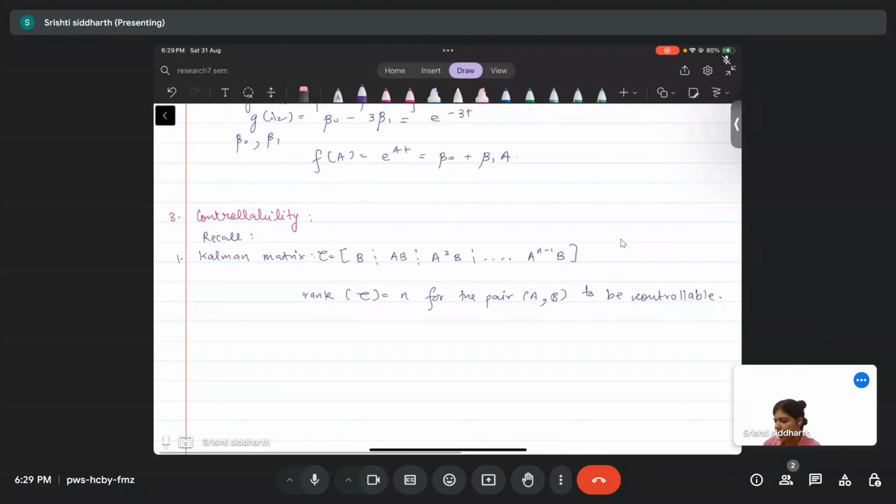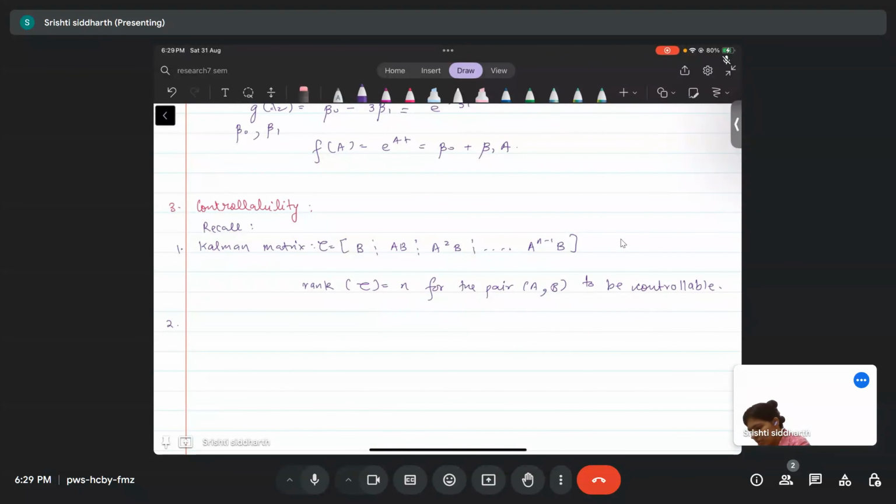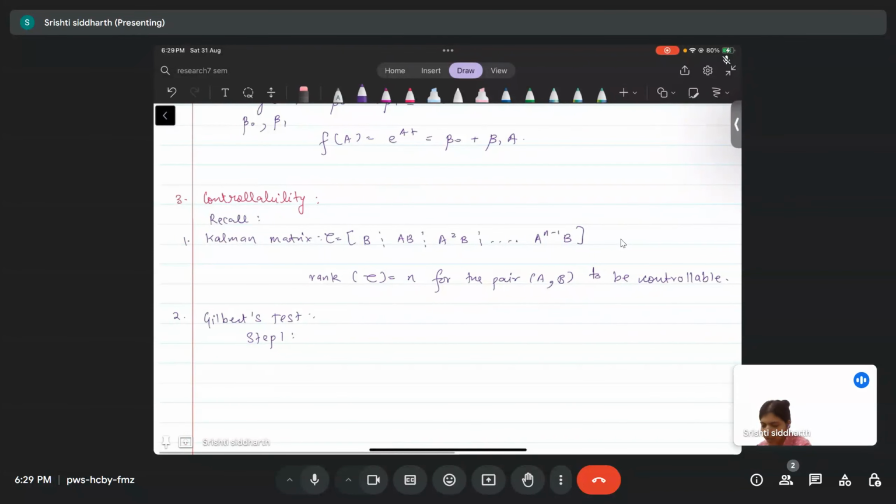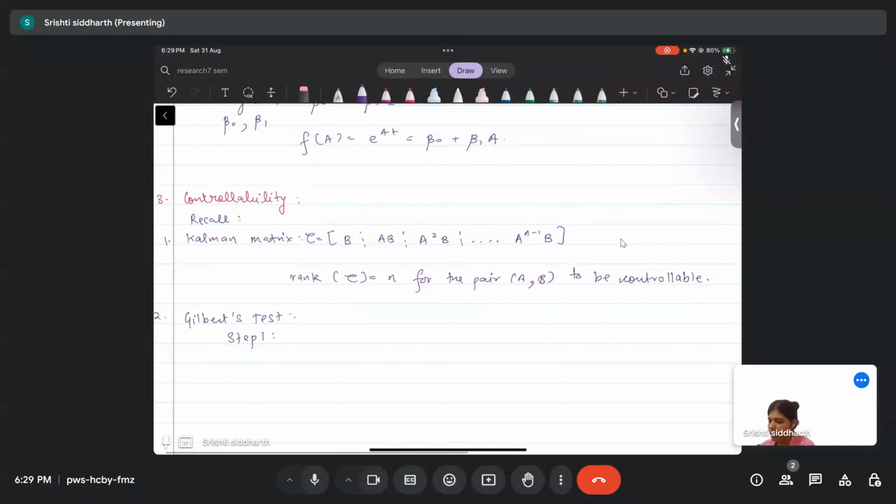Alright. And the next one was the Gilbert test. So according to that test, the first step was to diagonalize the system. So we had that transformation using the modal matrix P. We can diagonalize the system.